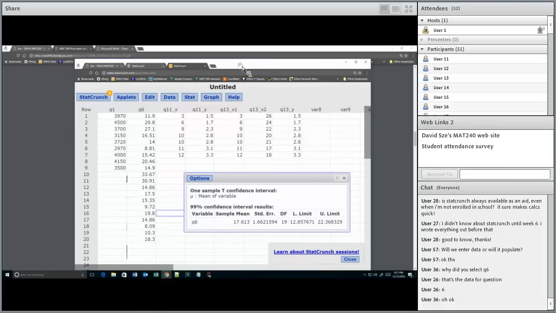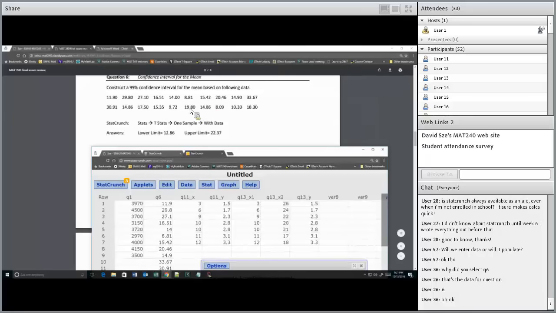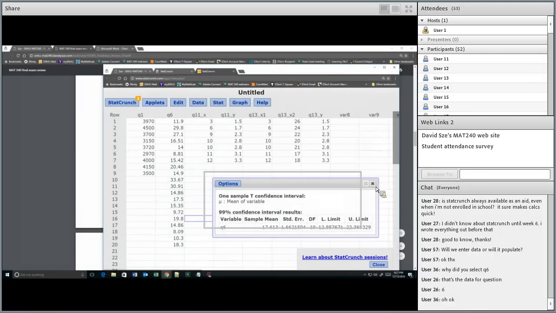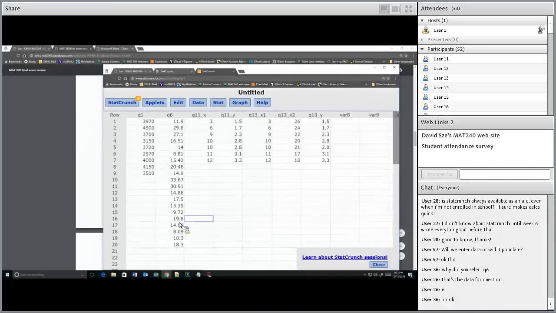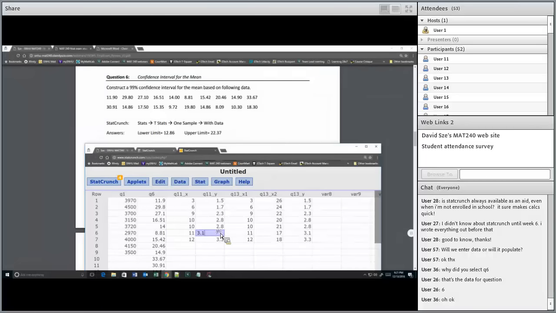You won't have to do that because the problem will give you the ability to open the data in StatCrunch. The reason is I created this document, so I had to manually enter this data in StatCrunch. This is the same data that you see here in the problem.